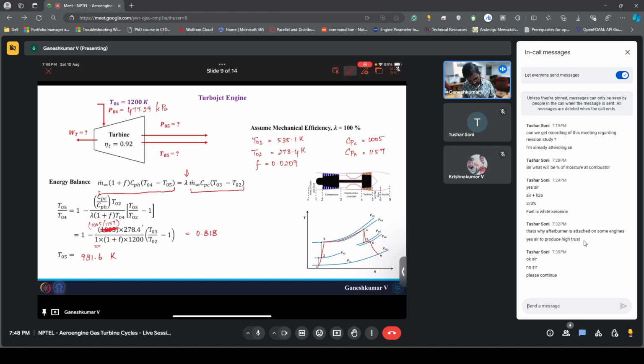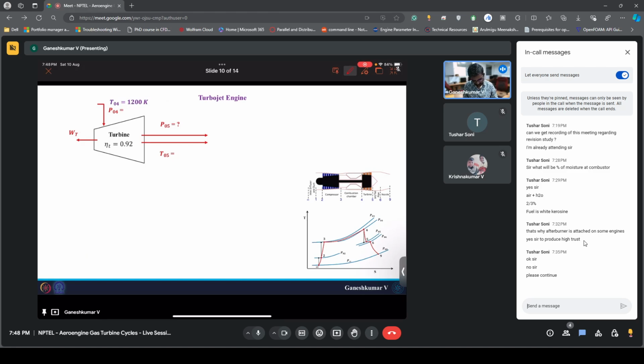So basically now we have found temperature. Now we also need to find pressure. How do we find the pressure? Temperature we already found out to be 981.6 Kelvin. So pressure we can find using this relation we have from the turbine efficiency.